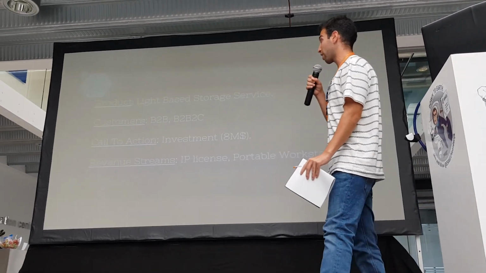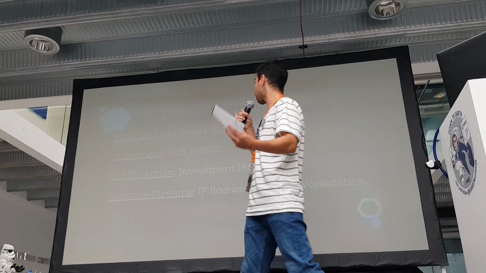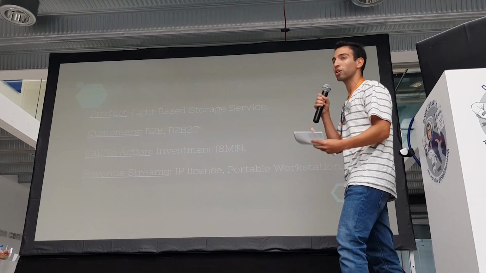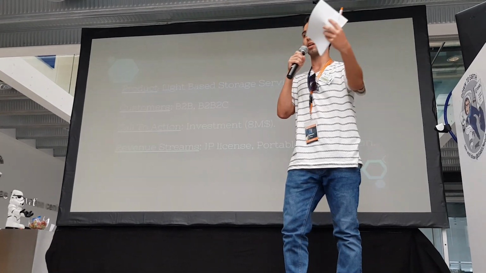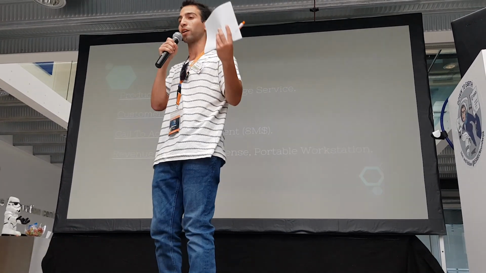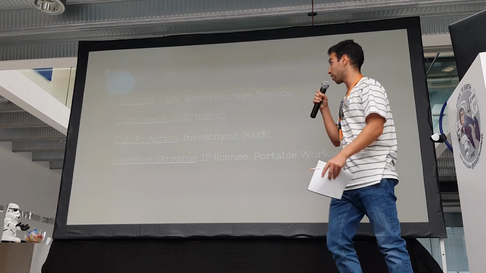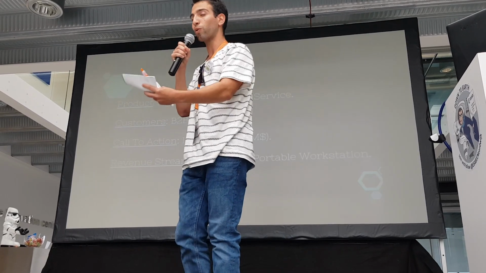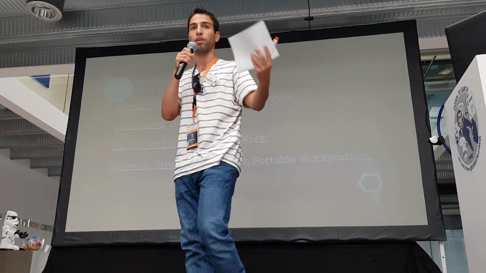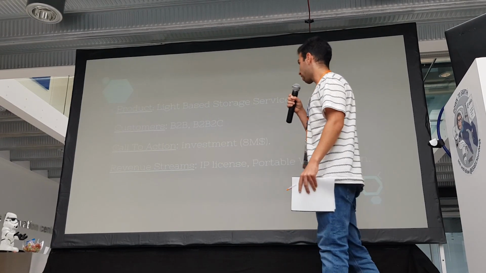The product we are trying to create is a light-based storage service. For example, in B2B, we will cooperate with companies like Google, Amazon, and others. And in B2B2C, we use our product as a way to connect with developers that use, for example, Google Cloud and more.